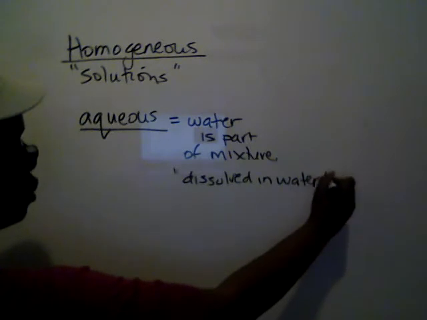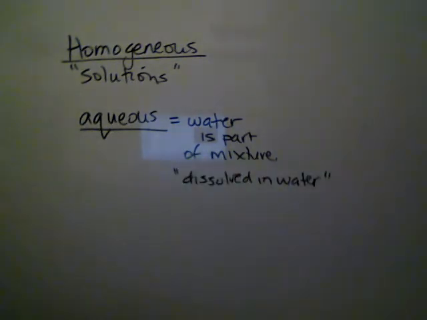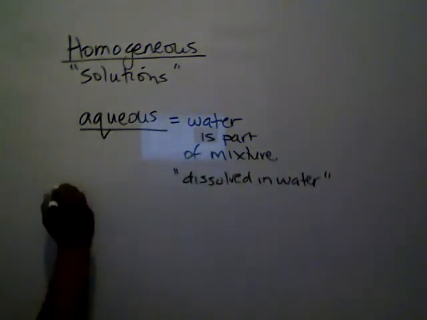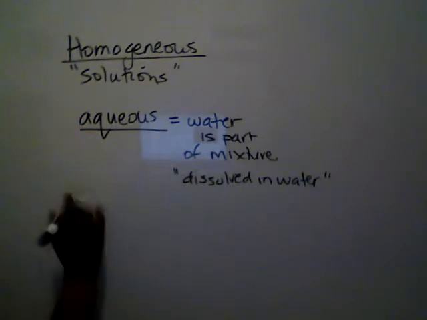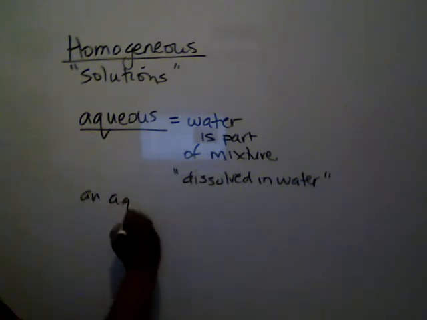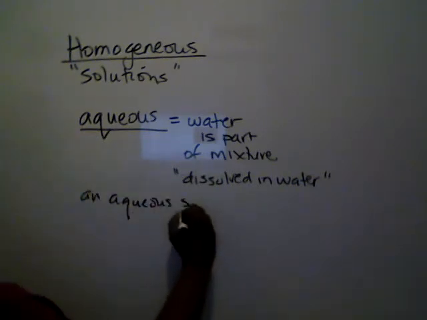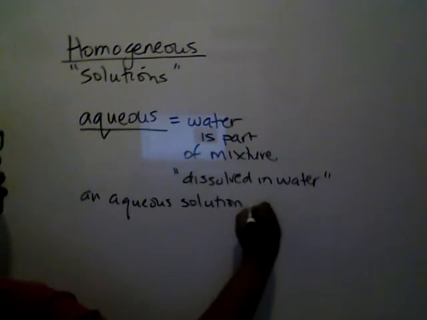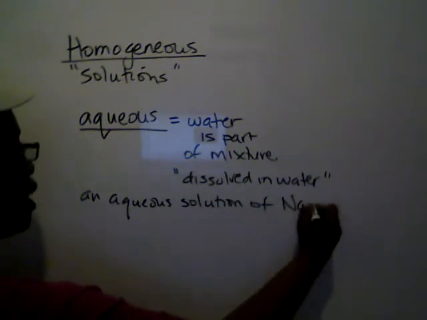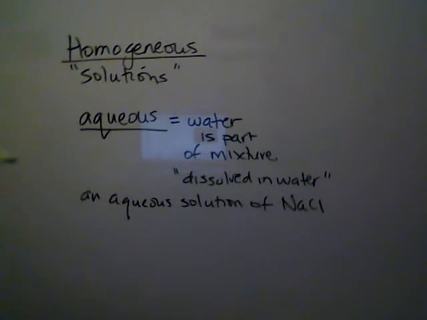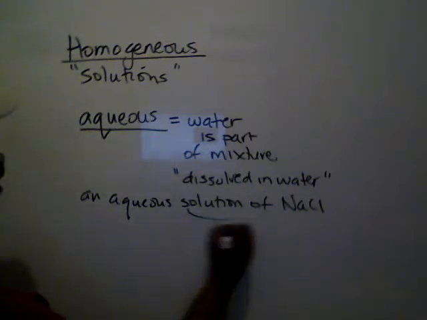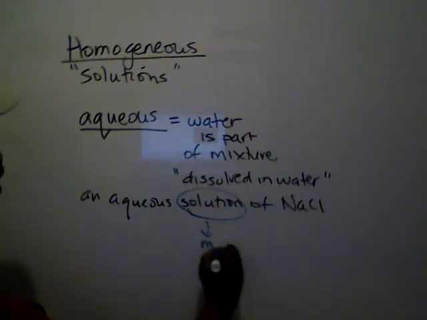So if you were to be given a description in a question that says, let's say, an aqueous solution of sodium chloride. If we break down what this means, solution, okay, we know that means it's a mixture.